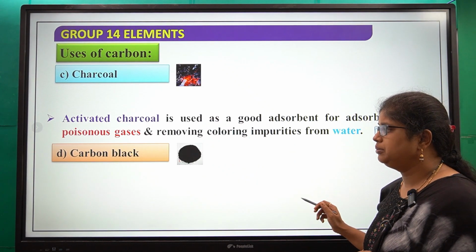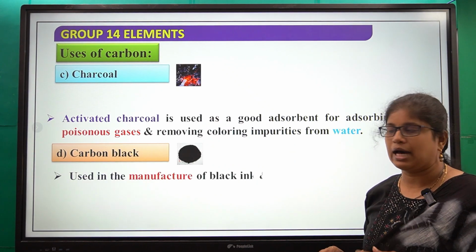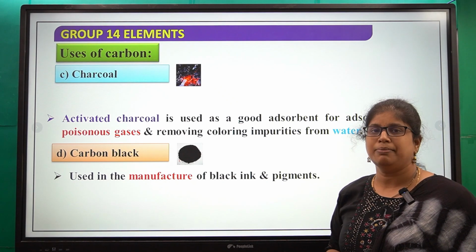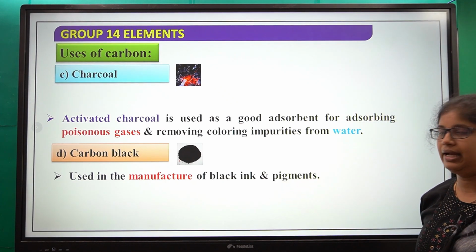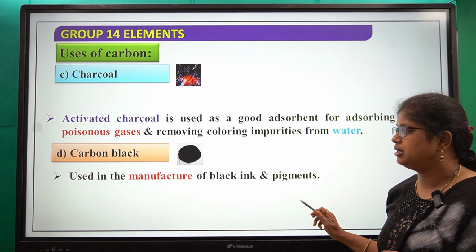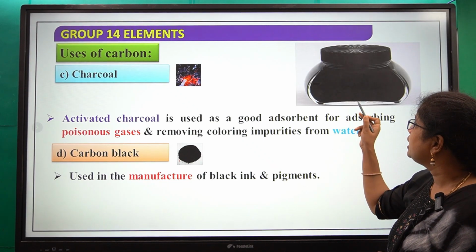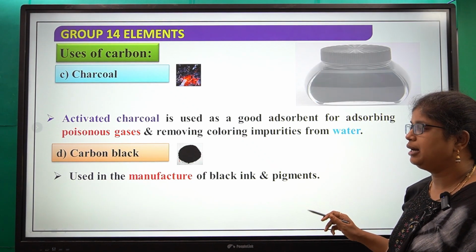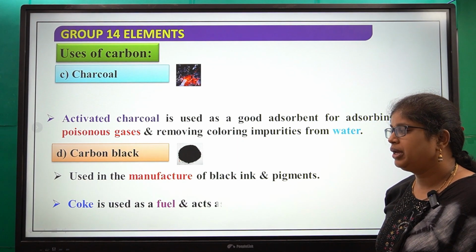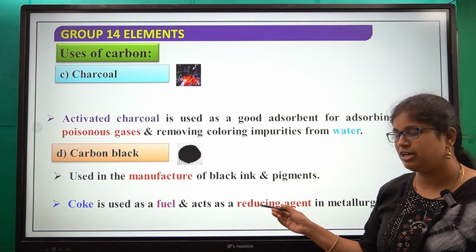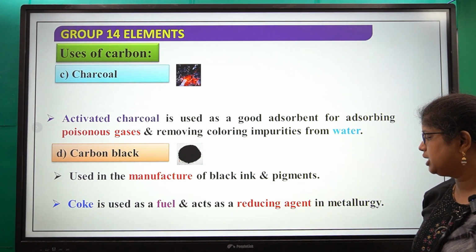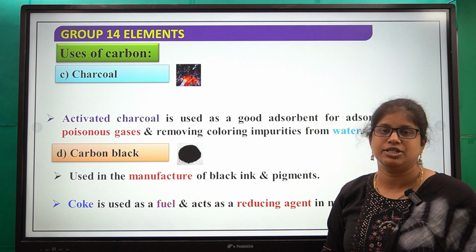Next, carbon black. Where are we using this carbon black? It is used in the manufacture of black ink as well as colored pigments. Coke is used as a fuel and acts as a reducing agent in metallurgy.